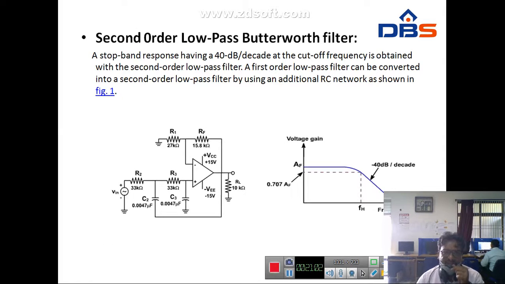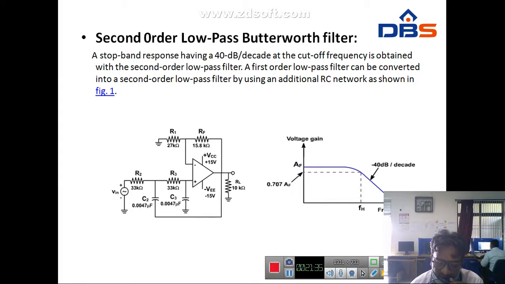Next we will see the second order low pass filter. In this second order low pass Butterworth filter also we have frequency scaling and filter design. In this we have to choose a value of the high cutoff frequency, and select the value of C less than or equal to 1 microfarad.